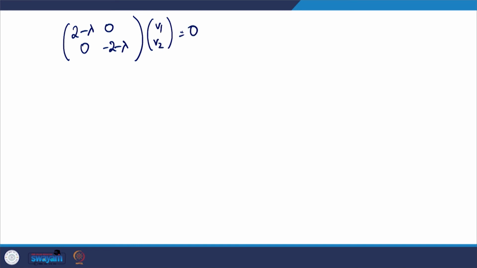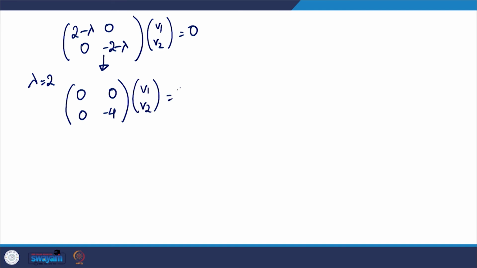Let us take the first case where lambda is equal to plus 2. When lambda is equal to plus 2, this particular matrix will reduce to, okay, this is a very fascinating case. The product should be 0.